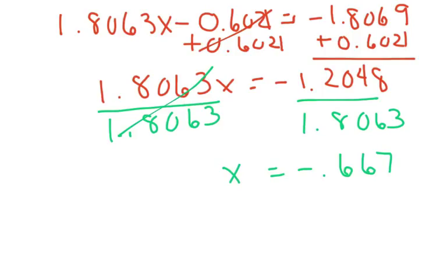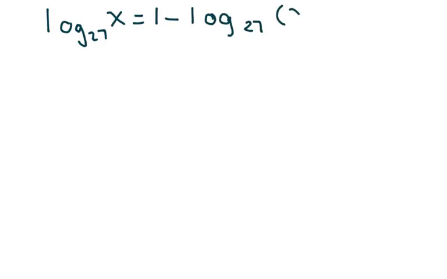So the next calculator problem is this one. We have log base 27 of x equals 1 minus log base 27 of x minus 0.4. Now, what I do, you might do differently.